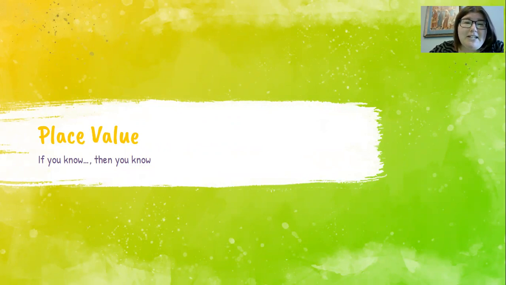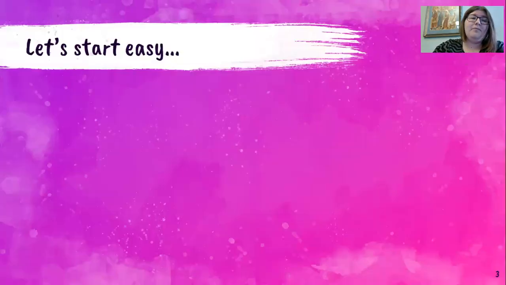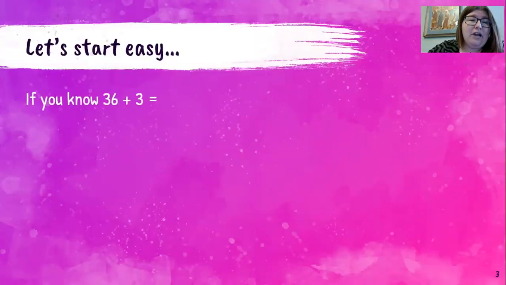Our first thing that we're going to take a look at is place value. Be careful not to get tricked. It's kind of like if you know this equation, then you know this equation. So if you know 36 plus 3, that equals what? Right, 39. Now don't get tricked.